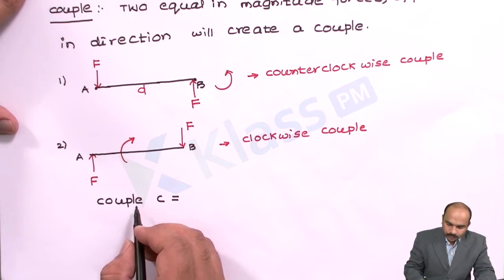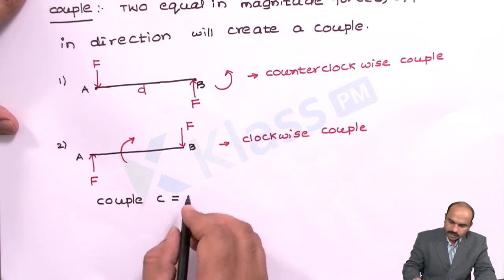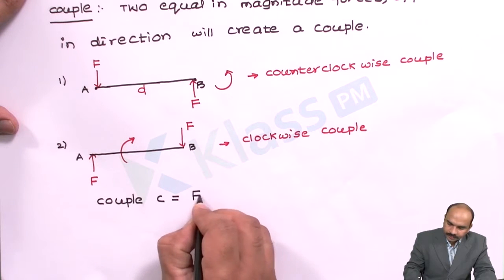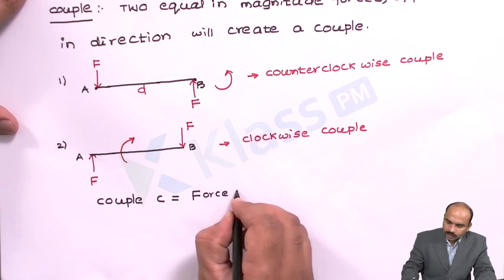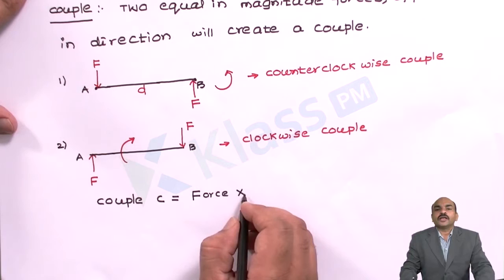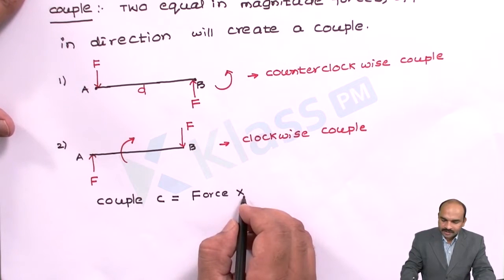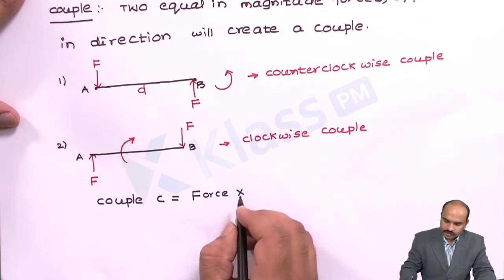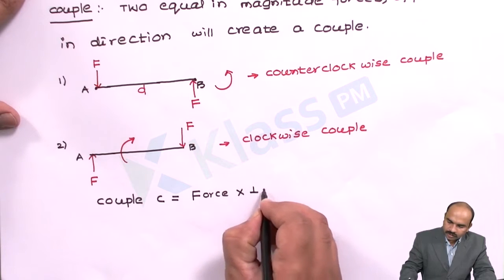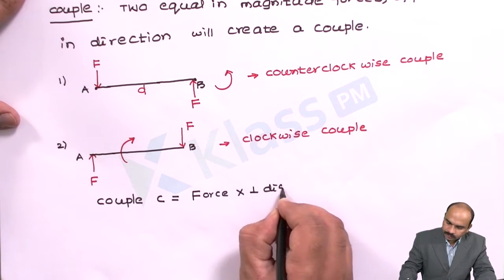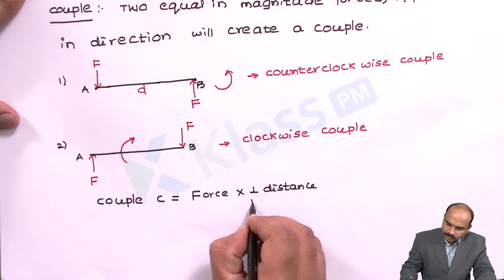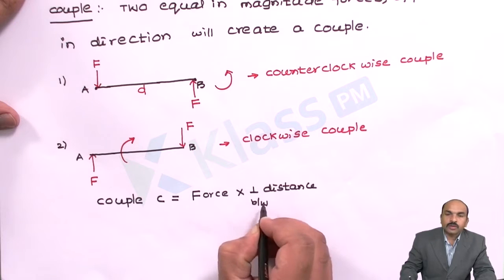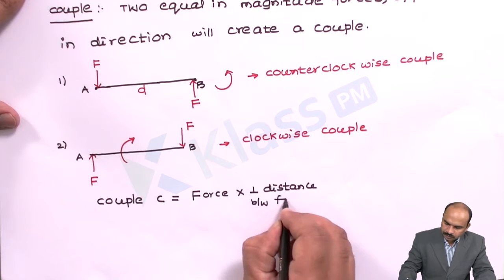So if we want to calculate the amount of couple, the formula is the force acting on the object multiplied by its perpendicular distance, the perpendicular distance between the two forces.